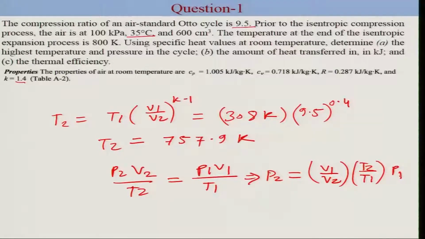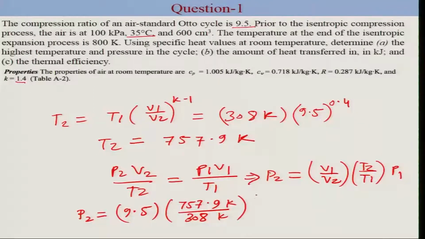After plugging in these values, we get P2 equal to 9.5 times 757.9 divided by 308 Kelvin, into the initial pressure, which is 100 kilopascal. So, this gives us the pressure at state 2, which is 2338 kilopascal.